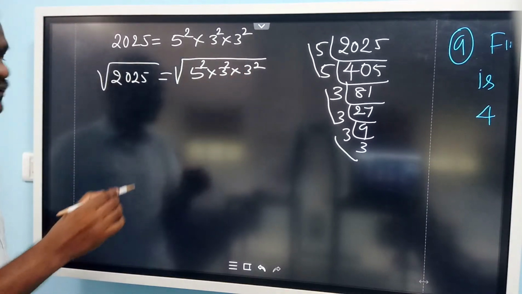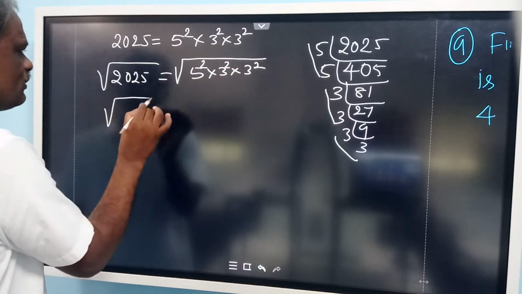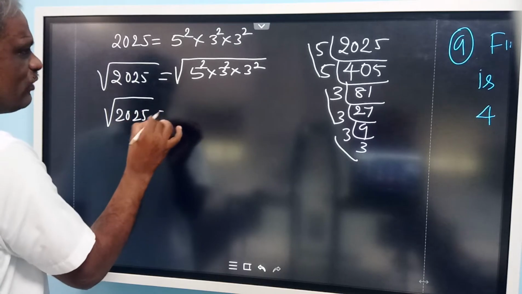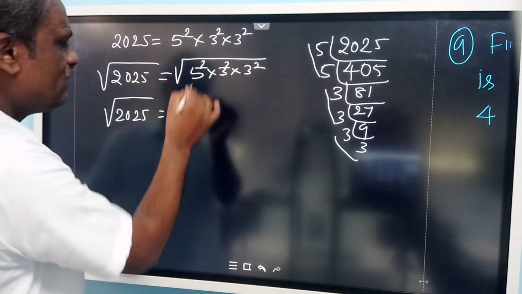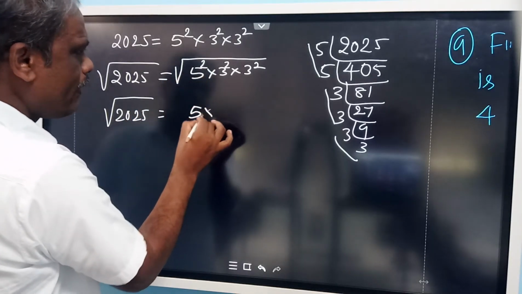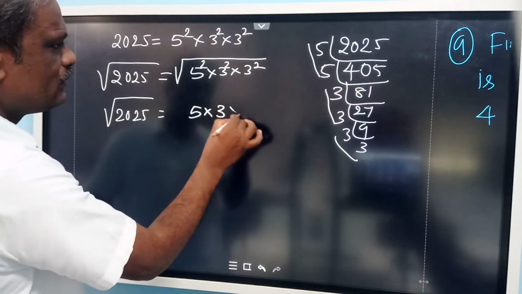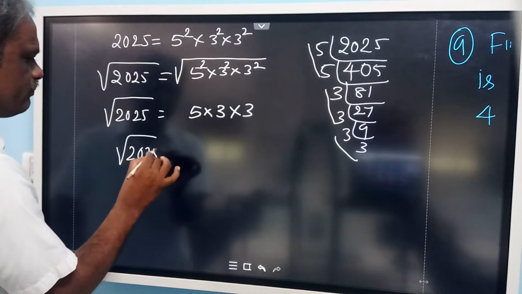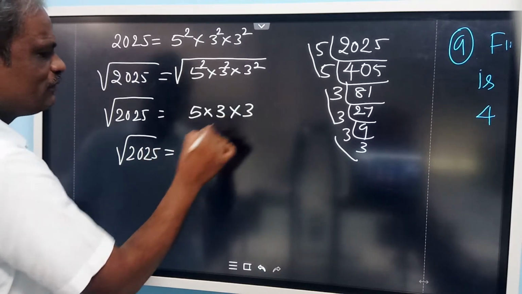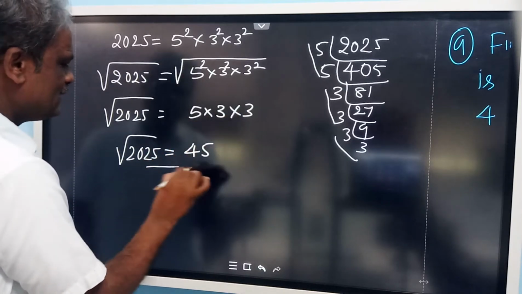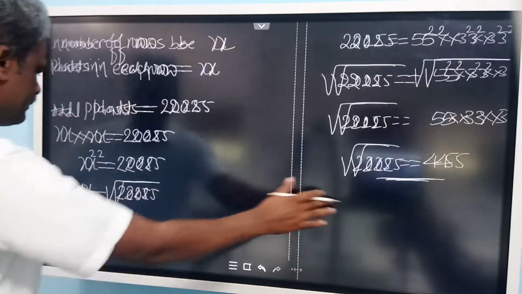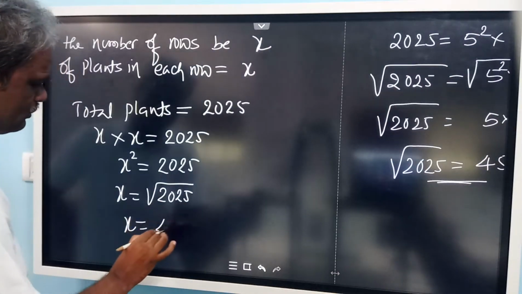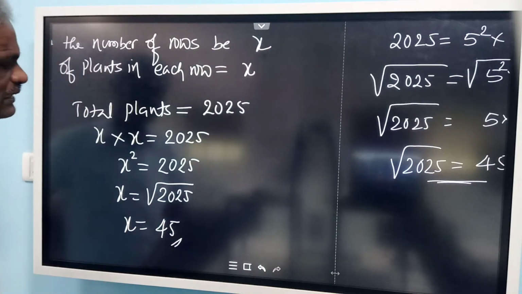Now, for the square root of 2025, remove the square numbers from the root. Then 5 square will become 5, 3 square will become 3, 3 square will become 3. So the square root of 2025 is 5 3s are 15, 15 3s are 45. That means X is equal to 45. So what does that indicate?